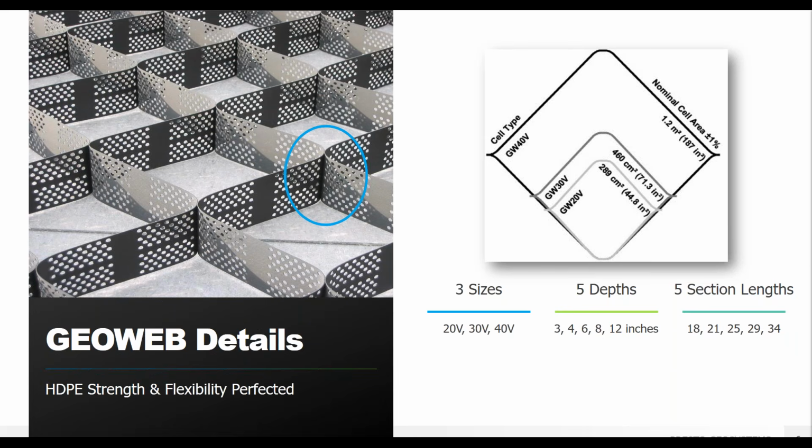So our geocells don't use any fillers or exotic polymer alloy blends, some of the other stuff that you may see on the market, which can ultimately reduce that weld strength and other properties such as the environmental stress crack resistance. So like I said, sometimes these type of fillers or polymers are offered in competing products in the name of increasing cell wall stiffness.